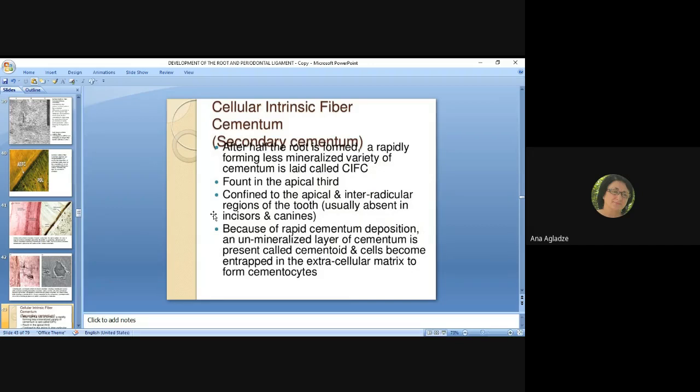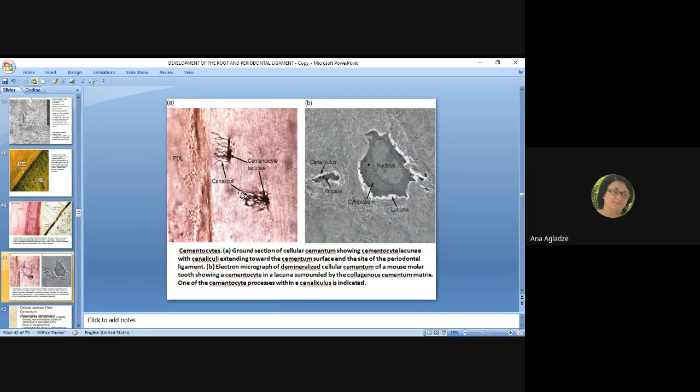Let's recap cellular intrinsic fiber cementum. Here you can see that cementocytes are already embedded into the organic matrix, and they have radiating canals called canaliculi, via which they communicate with each other.